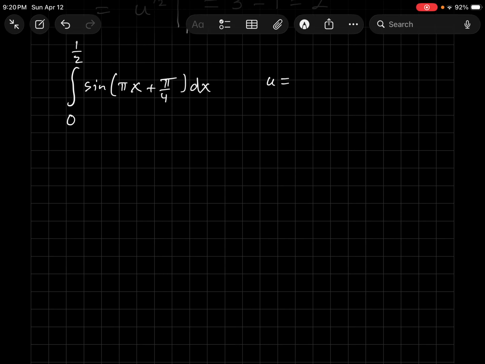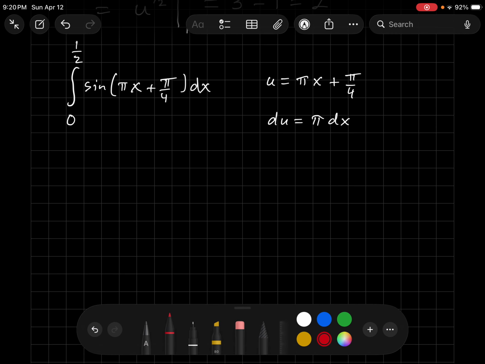If you said what's inside parentheses, I would agree with you. Let U equal pi x plus pi over 4. Then du is pi dx. We almost have all of du. We're off by a constant multiple. So I'll do times pi out here at the end, and then 1 over pi in front to fix it.